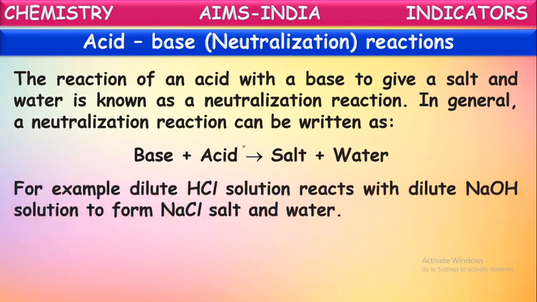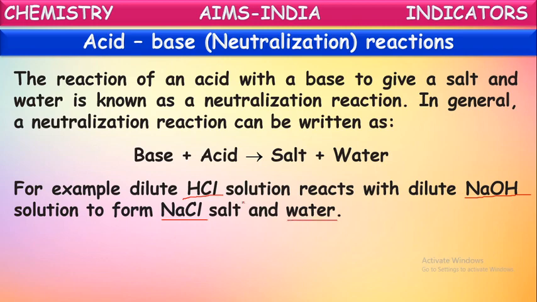For example, dilute hydrochloric acid solution reacts with a dilute sodium hydroxide solution to form sodium chloride salt and water. Here, the acid hydrochloric acid reacts with the sodium hydroxide base, forming sodium chloride salt and water as products.